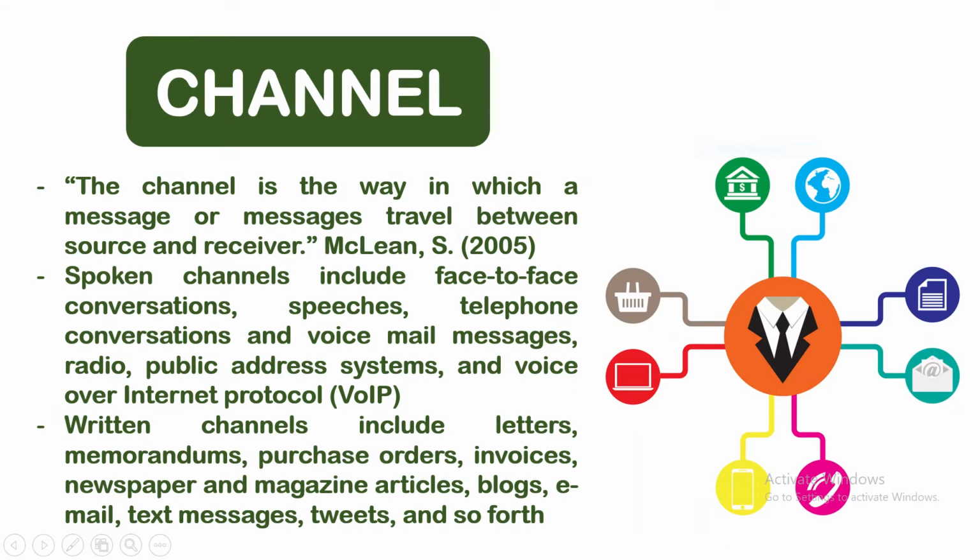The third element, channel. The channel is the way in which a message or messages travel between source and receiver. Channels are the means by which the message is sent and received. There are only 5 channels: ears, eyes, skin, mouth, and nose. In other words, a message is sent and received via the senses.